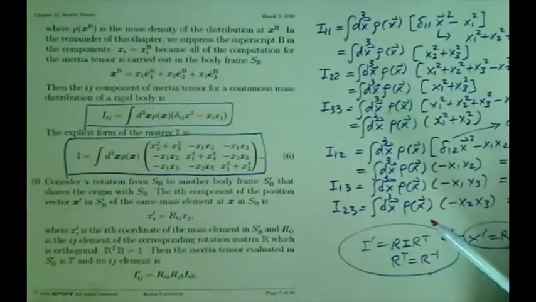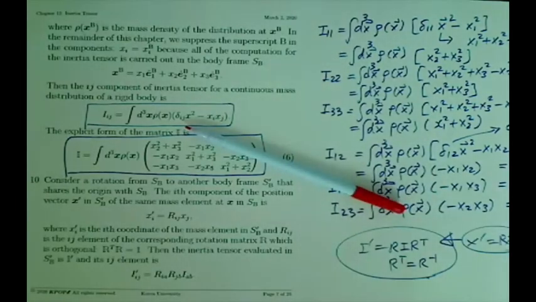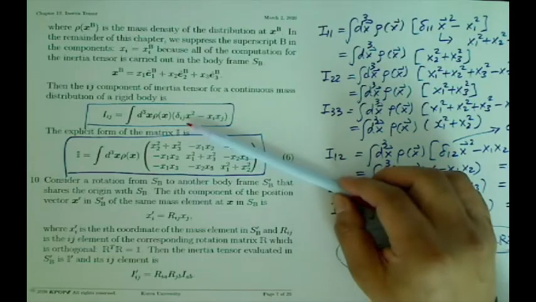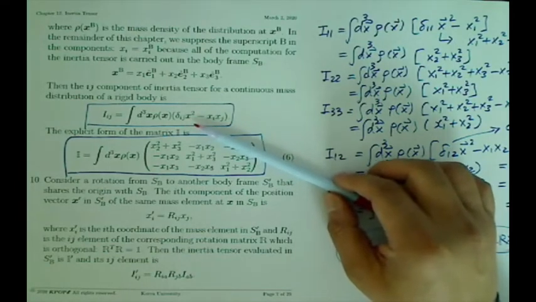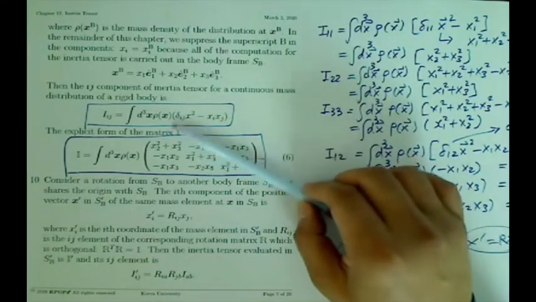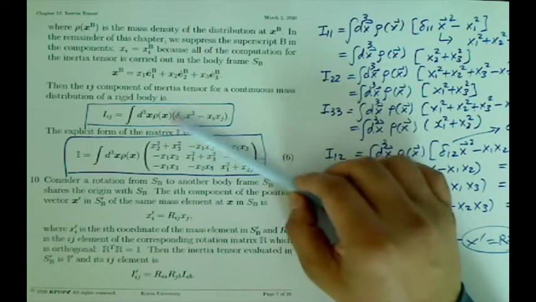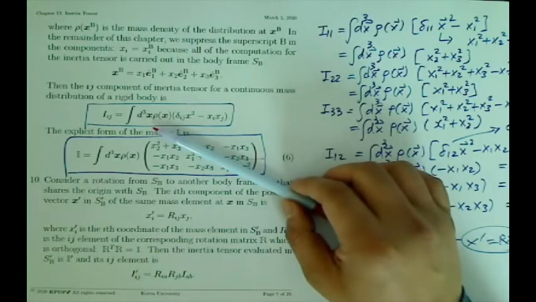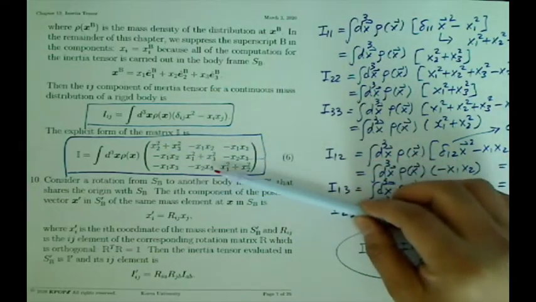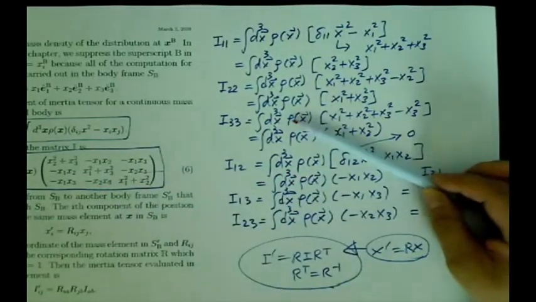The explicit computation of matrix elements for the inertia tensor can be done in the following way. We have a tensor structure delta_ij x squared minus x_i x_j multiplied by the mass density of the mass distribution, integrated over the space. Each component is given here, and this is how to obtain those components.